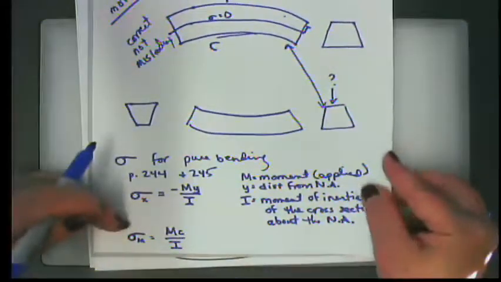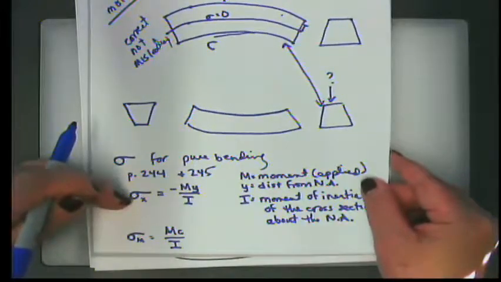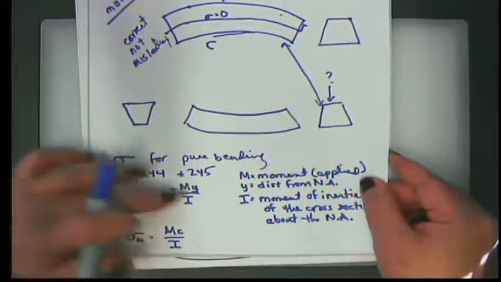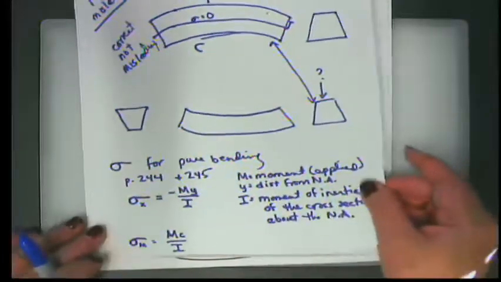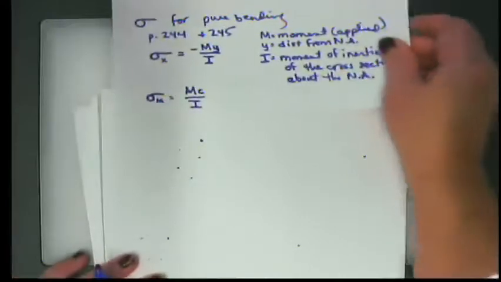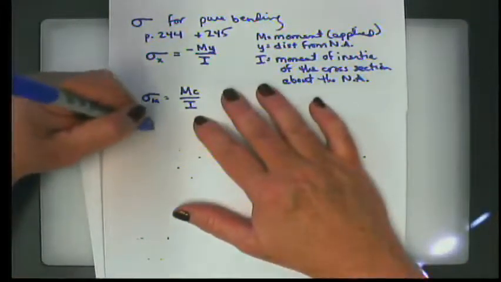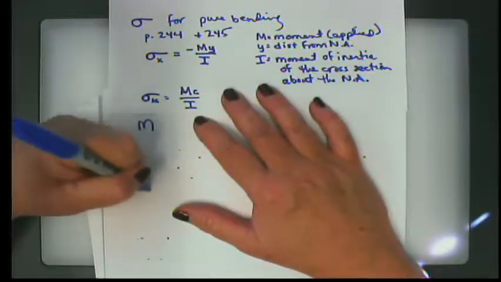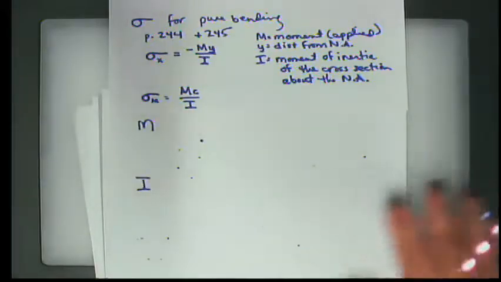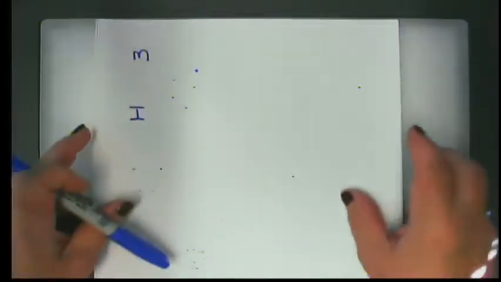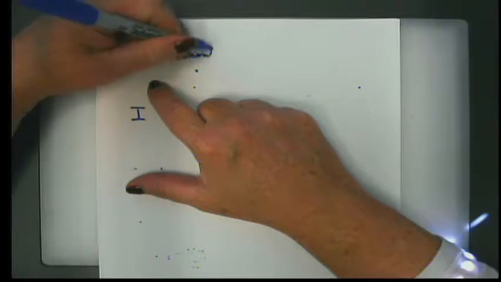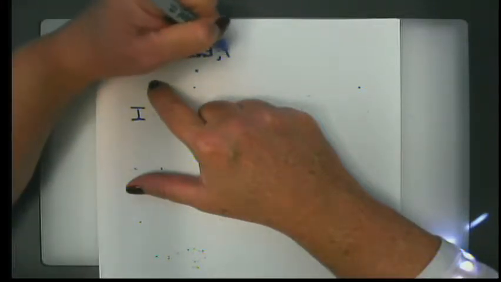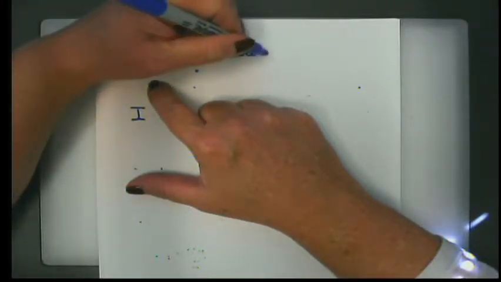It's going to be in dimensions of force per area. We know what y is, the distance above or below the neutral axis. And so we really need to spend some time talking about what is a moment and what is a moment of inertia. Okay? So that's what we're going to do for about the next 10 minutes. A moment is a force acting through a distance.